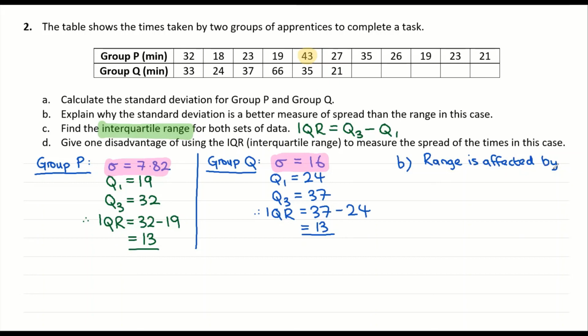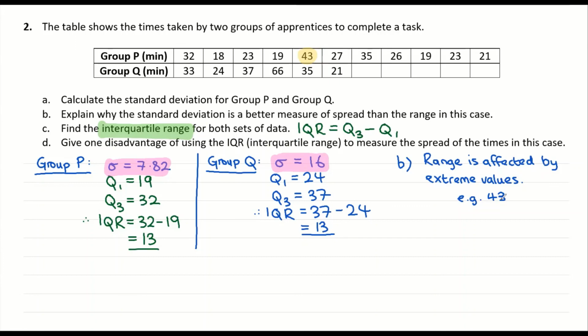So the range is affected by extreme values, and that's a problem. And we have an extreme value with the 43 minutes in group P. So that apprentice took a lot longer than everybody else to complete the task.